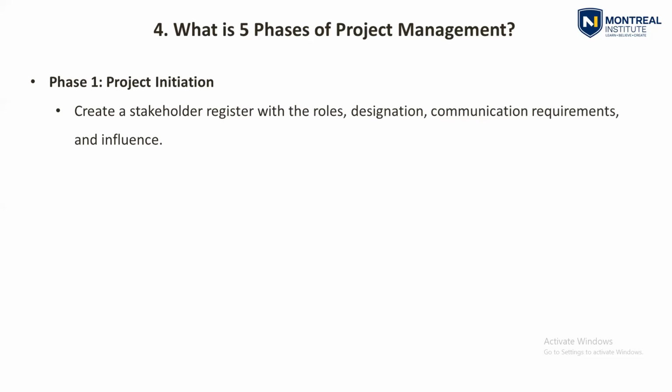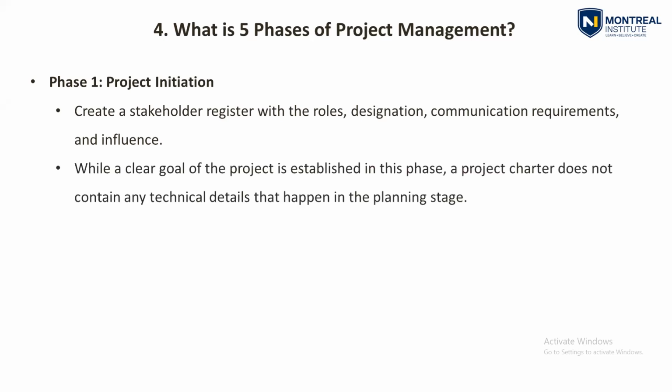For some stakeholders the communication requirement will be daily, for some weekly, for some monthly, or some stakeholders don't need any communication at all. You also need to consider which stakeholder will influence the project. So you need to be very clear on your stakeholders at the project initiation stage.